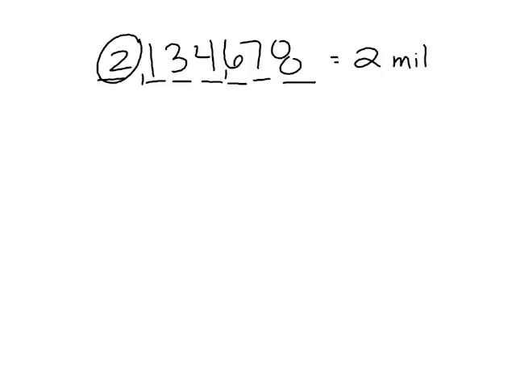So where's our 10,000 place? Here. What are our rules with rounding? 5 or higher rounds up, less than 5 rounds down. So 4 is less than 5. So we would round this to 2 million and keep that as a 3.